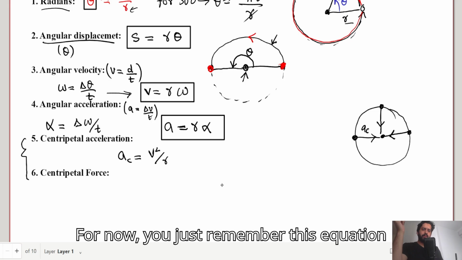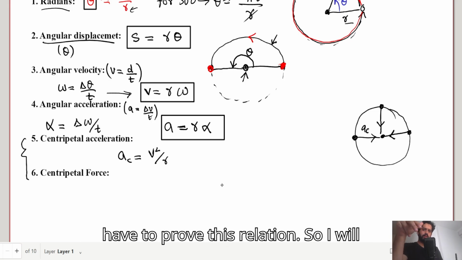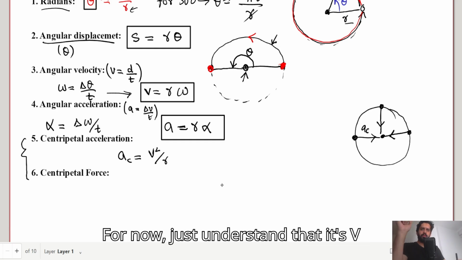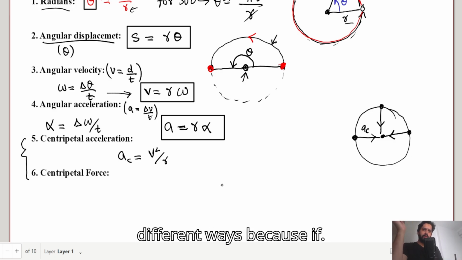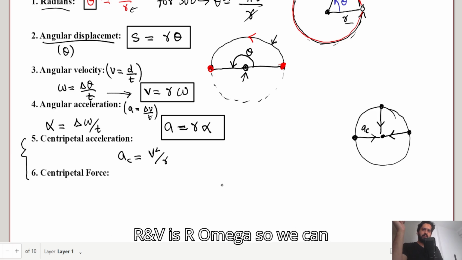For now, you just remember this equation because there is a question in which you have to prove this relation. So I will derive this equation in that question. For now, just understand that it's v square over r. And now you can write it in different ways, because if centripetal acceleration is v square over r and v is r omega, we can substitute v here.